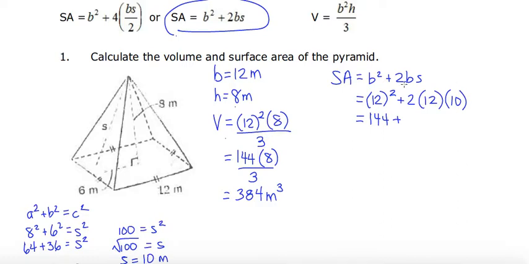I can do this in one step. That gives me 240. Adding these together gives us a surface area of 384. It just happens to be the same amount as the volume; it won't always work out like that. So the surface area is 384 meters squared.